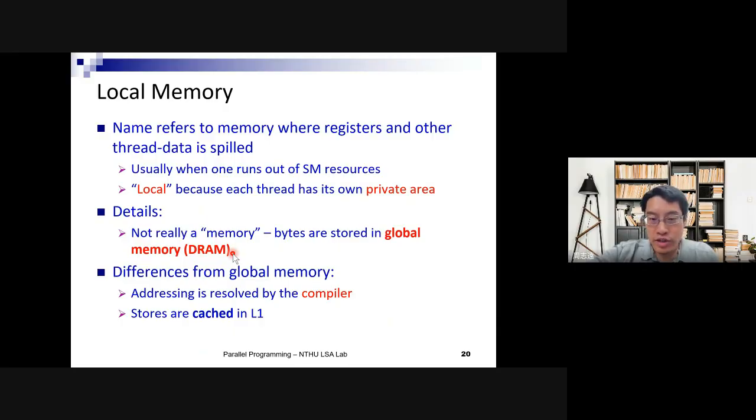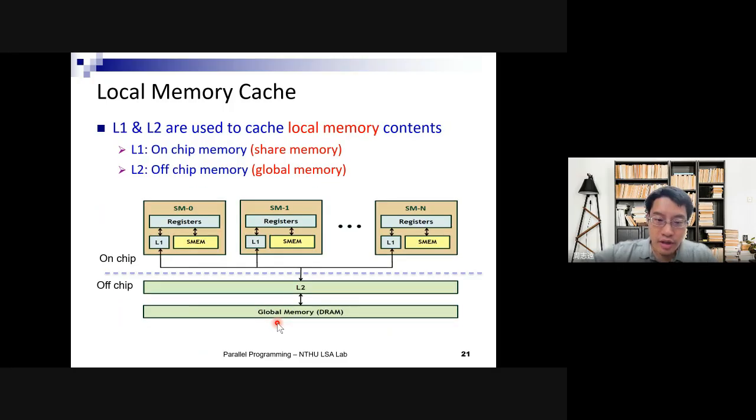Whether a local variable is stored in local memory or not is resolved by the compiler, and it could be cached. A bit more specifically, this is where it could be cached. Usually there are multiple levels of cache, and the details depend on the hardware, which is always changing.